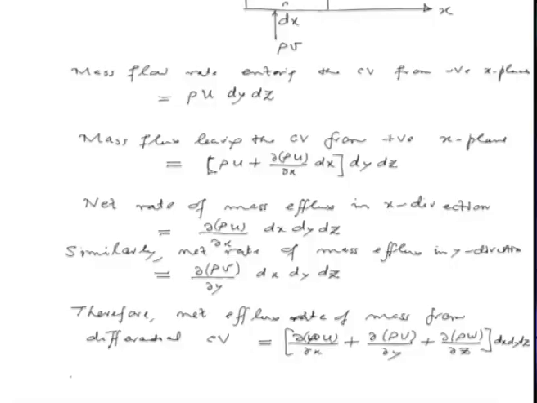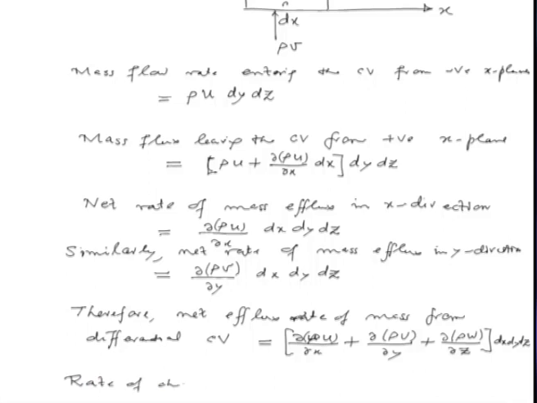Now if you have to satisfy the continuity, this must be balanced by the rate of increase or the rate of change in mass in the control volume.